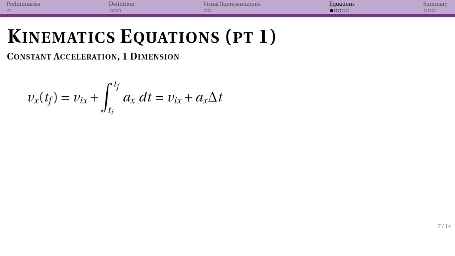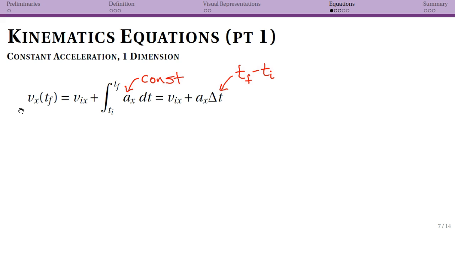However, because we do in fact have a constant acceleration, this is just constant. What you hopefully recognize is that if I'm integrating something that doesn't depend on t over dt, all I have to do is multiply this acceleration value by tf minus t initial, which is what delta t is. This represents tf minus t initial.